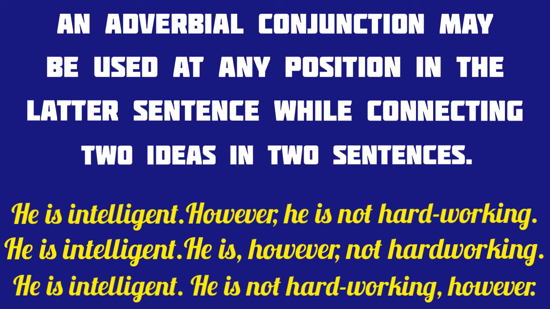In the second sentence, the conjunctive adverb, however, is placed in the middle of the sentence, enclosed with a pair of commas. And in the last example, the same conjunctive adverb, however, comes at the end of the second sentence, set off with a comma before it. And this is possible only when we connect two sentences with an adverbial conjunction and not two independent clauses.